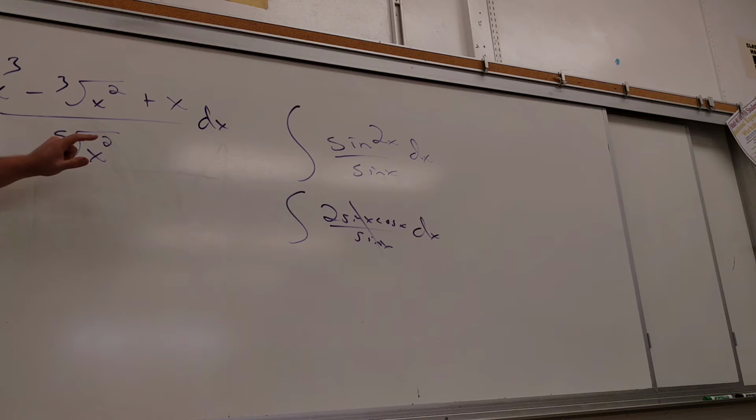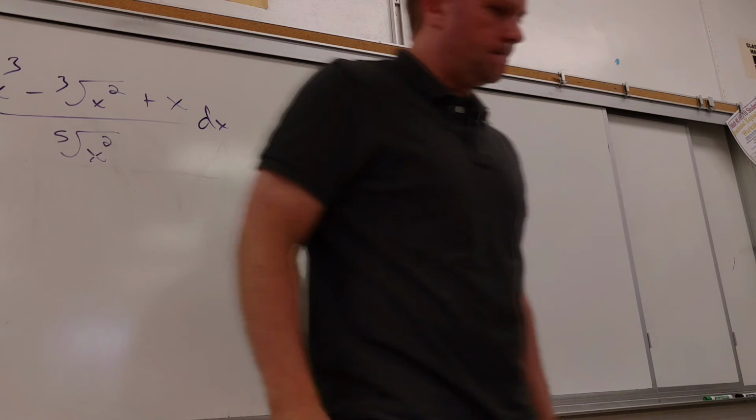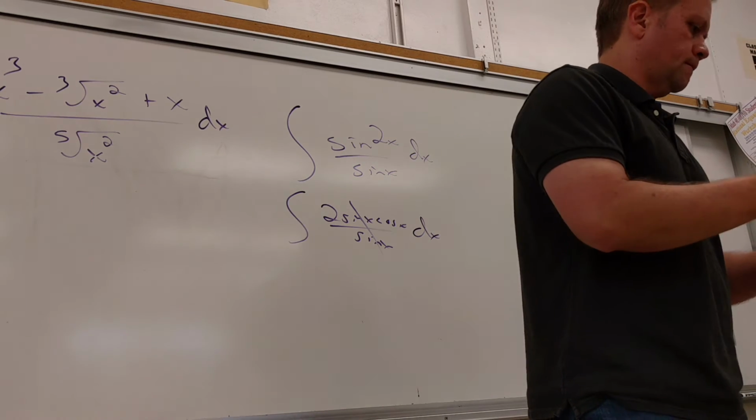Because it's all x, and more than that, the bottom is one term by itself. So then I can split it up and reduce. That becomes a power rule, and you look for your power rules because that's an easy rule.